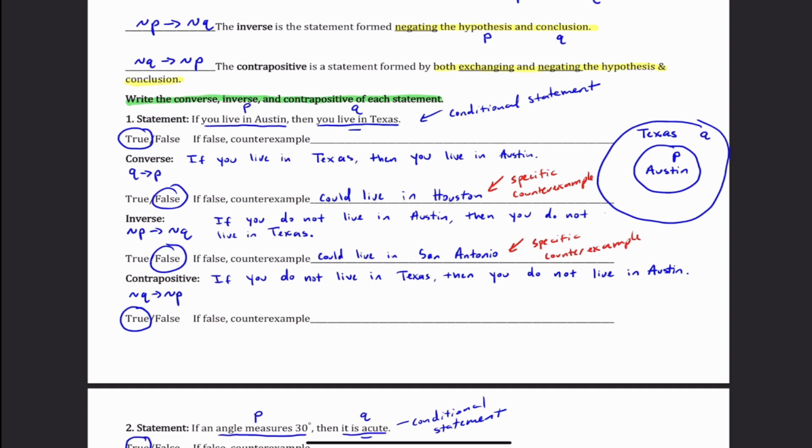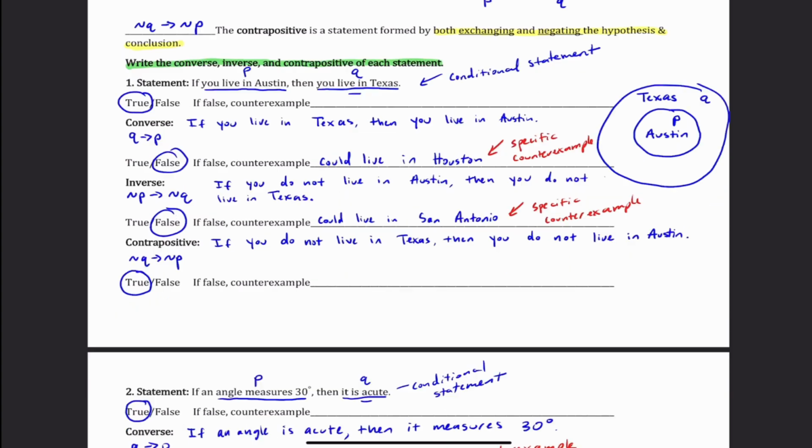For example, if the conditional statement is true for number 1, then the contrapositive statement is also true. And that works the other direction. If the contrapositive is true, then the conditional statement is true. And looking at number 1 again, if the converse is false, then the inverse is false. Or if the inverse is false, the converse is false.